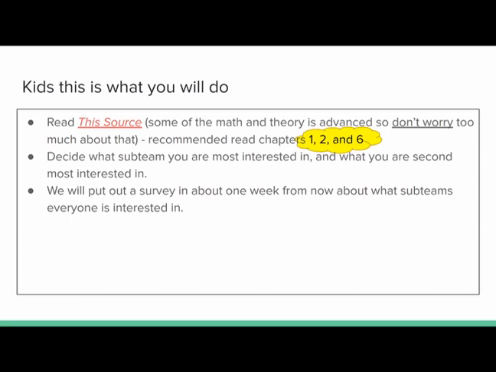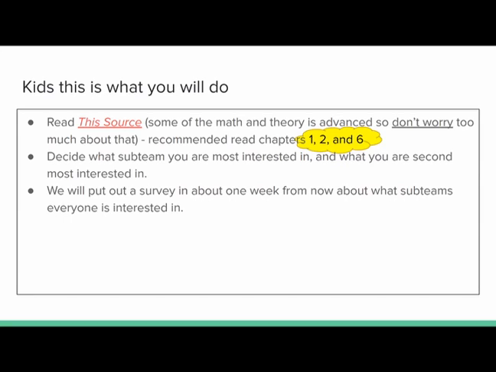Anyway, once you have read that source, the next step would be to decide what subteam you're most interested in. The last slide talked about the subteams. There are 5 different subteams, as Jared mentioned. We're going to be assigning people to the subteams based on what they're interested in.